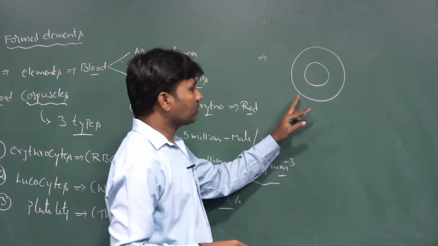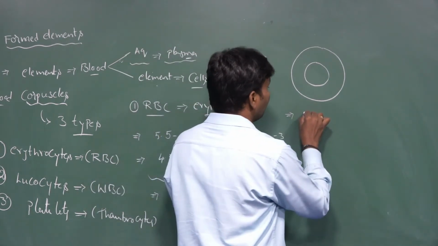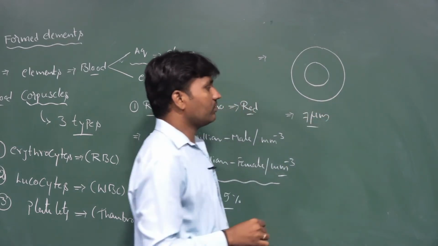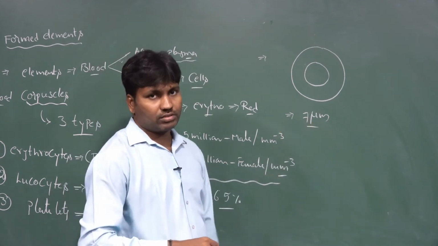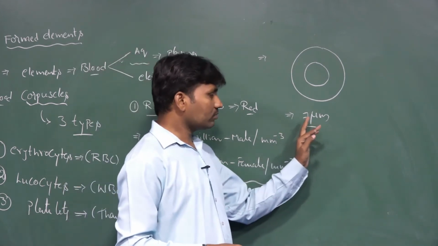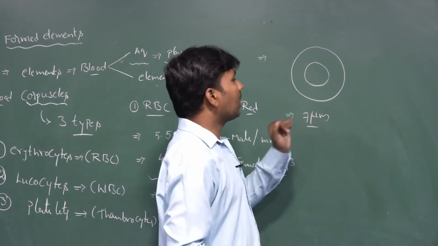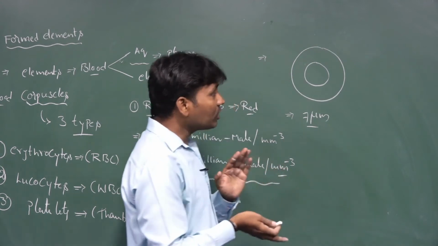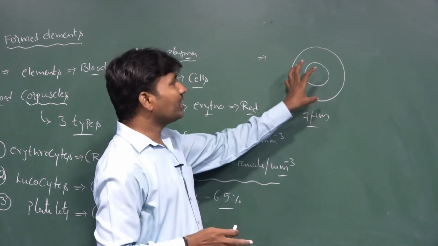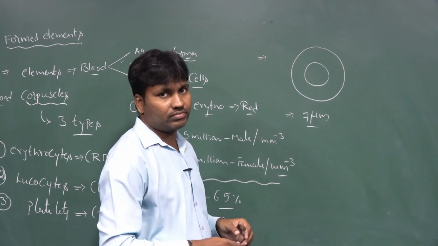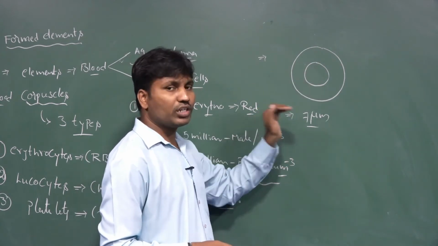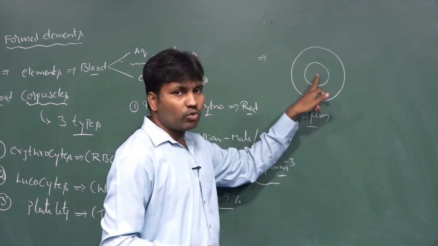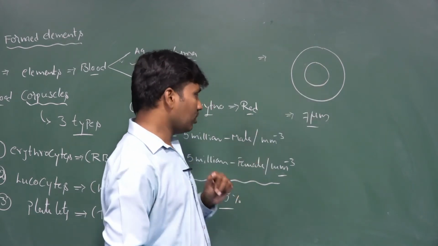These are circular cells. The diameter of the RBC is 7 microns. Why do they become a biconcave structure? To increase the surface area of the RBC.